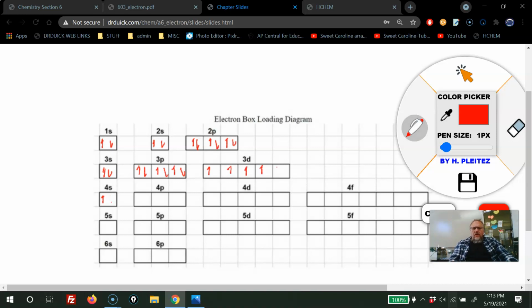Then we load this one up, and we have this one, this one, this one. And obviously, we can't have that. That's illegal, it doesn't feel comfortable for the atom. So we take him out and put this one here. Then we load this one and keep on going. But let's say this is copper, right here. This is Cu.